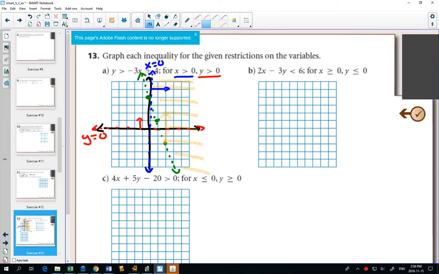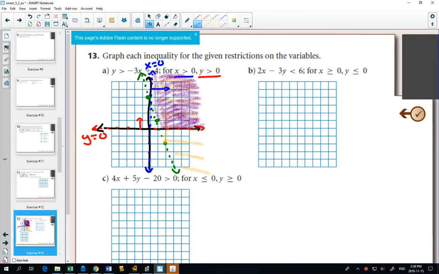Can you see that your shading for all three combined would be here, then here, then here? It had to be to the right of x equals 0.